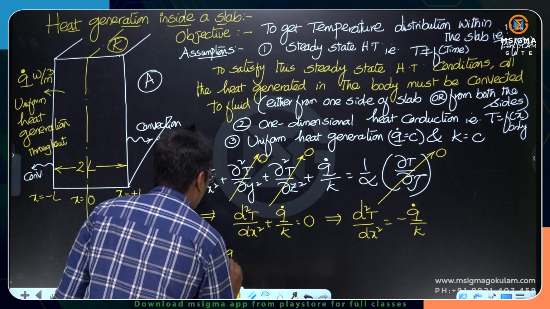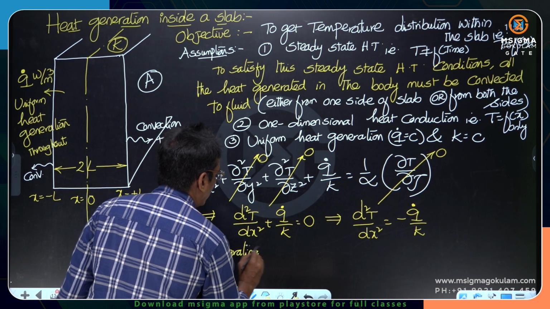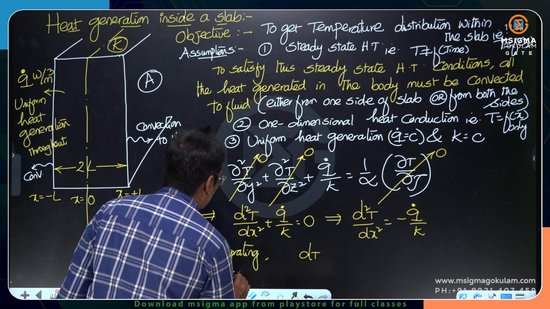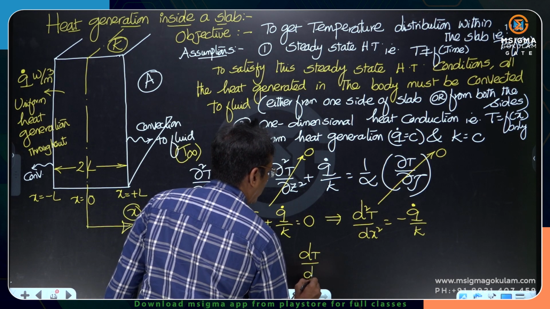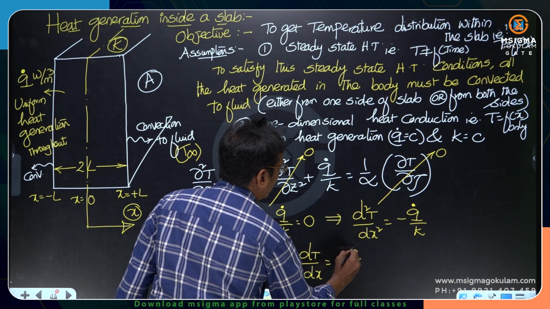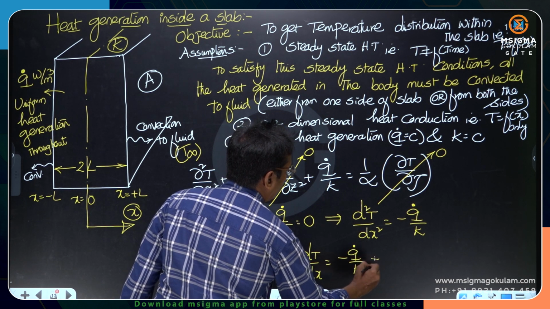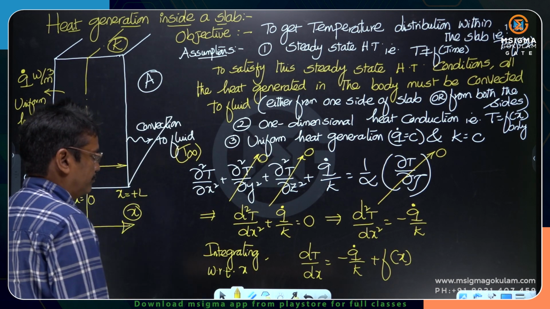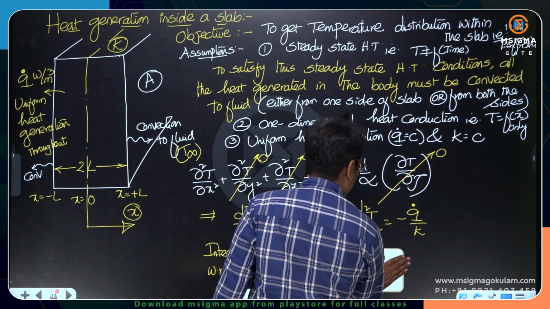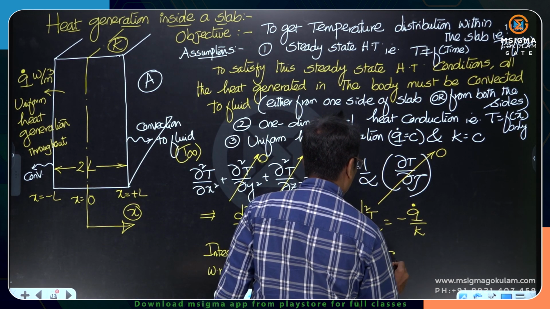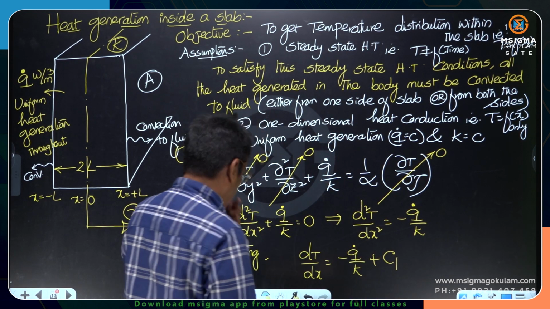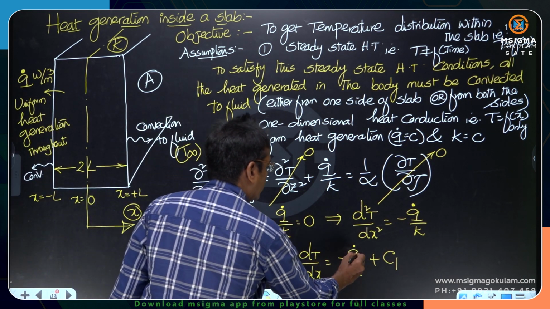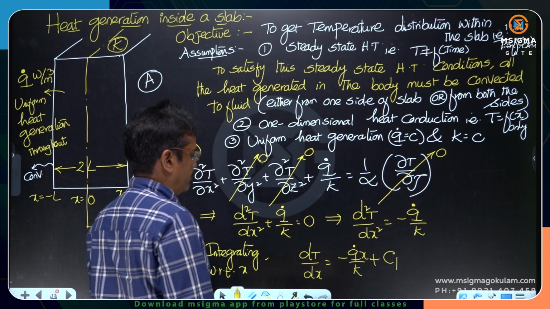Integrating with respect to x, dT by dx is equal to minus q dot by k into x plus a constant of integration. First time I am bringing in the constant of integration C1.